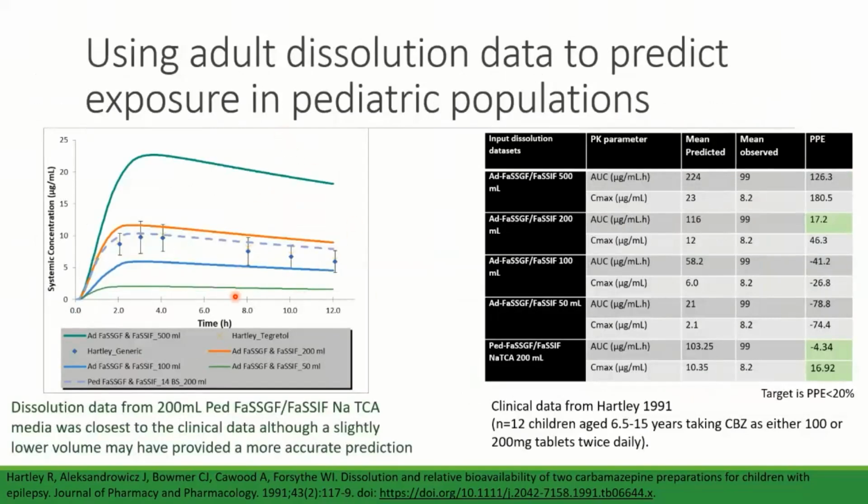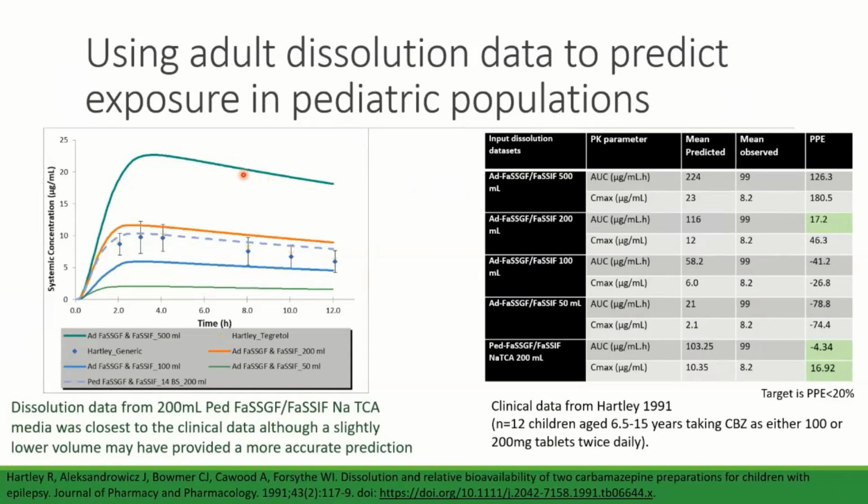We went back and looked at that dissolution data that we generated for the different volumes of the adult media. I've said previously the paediatric media is still under development, whereas the adult simulated gastric and simulated intestinal fluids are well-known, well-regarded fluids that we can use easily in development.